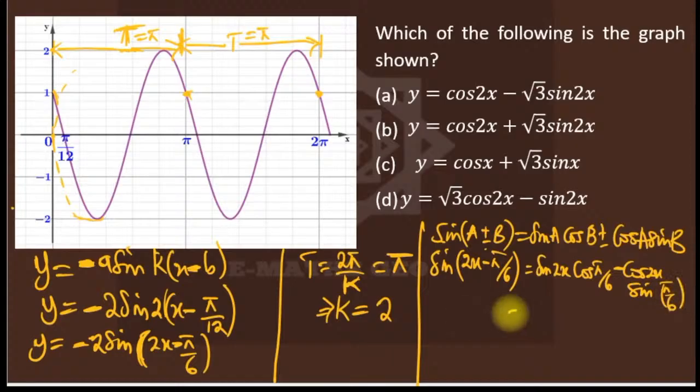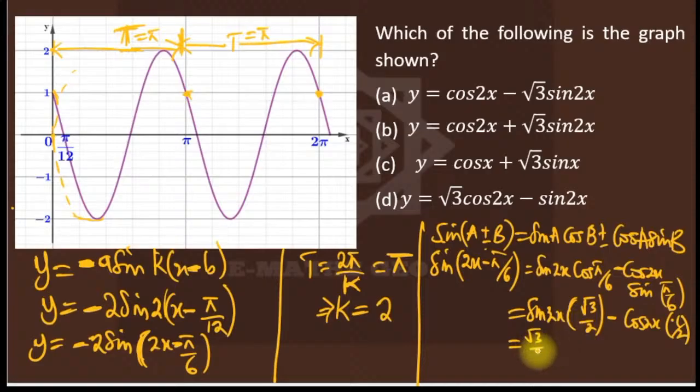So let's check the values. Cos π over 6, which is cos 30, is root 3 over 2, and sine 30 is half. So you see that this is equal to root 3 over 2 sine 2x minus half cos 2x.